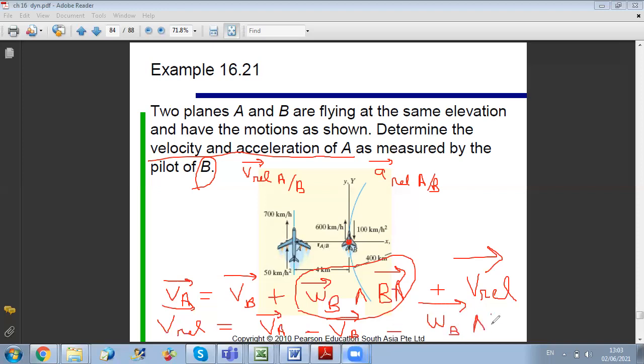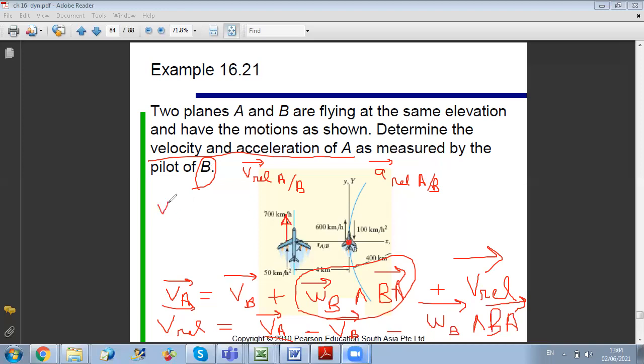Now, all we have to do is to find the expression of the vectors to be able to calculate V relative. To start with, I will start with the absolute velocity of A. If we look at the figure, it's given. So it is 700 kilometers per hour.